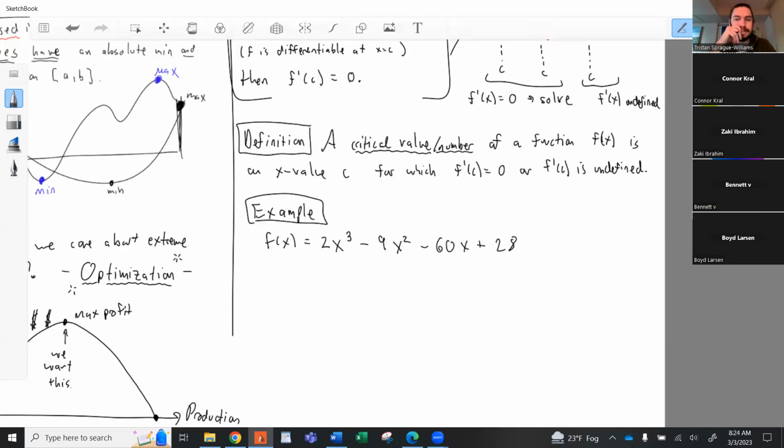Okay. Here's a function. It's a cubic function. We want to figure out where are the critical numbers. Let's find the critical numbers.